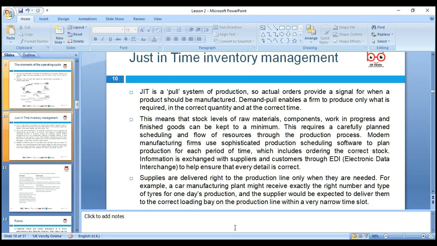Like Dell computers: they assemble laptops in India, take orders from all over the world and deliver in 21 days throughout the world. They use the direct business model, cutting the middleman cost and producing in a low-cost area, and ultimately they are saving.